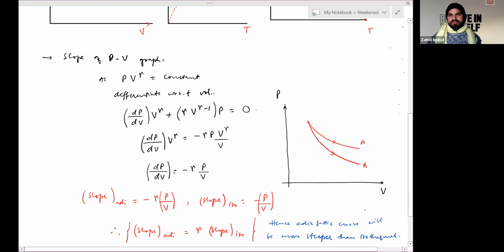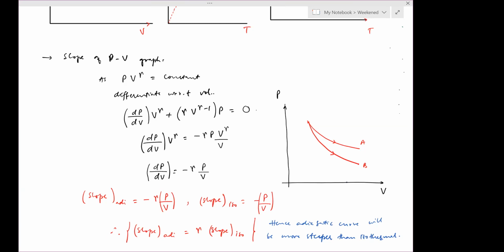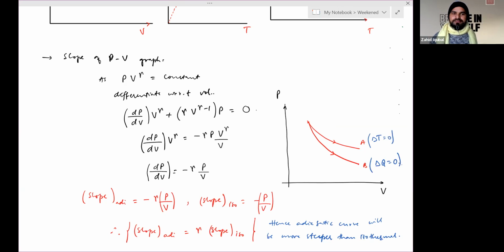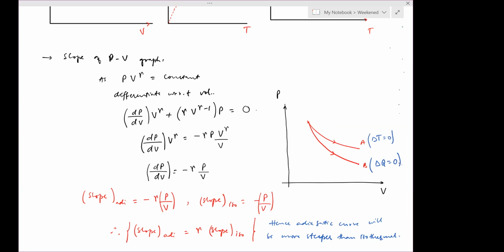Mamuna, just tell me which of these two curves is more steeper, A or B? The B one. Good. So A will be isothermal and B will be for adiabatic. Mehreen, is it clear? Yes, sir. Okay, just write it down.